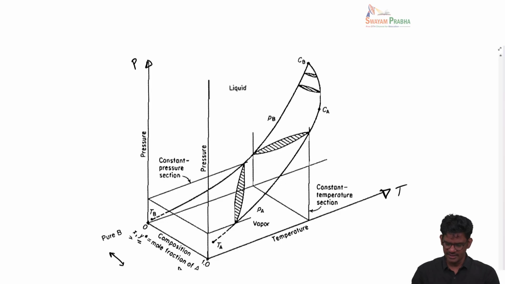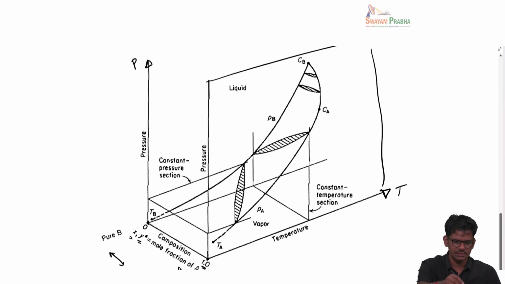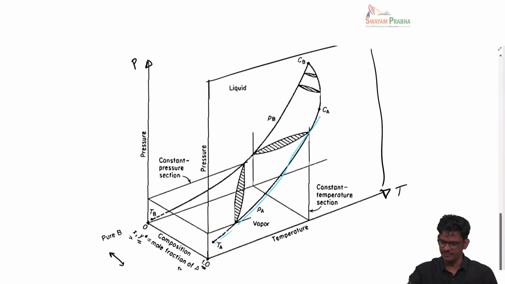If I look at this particular line where X equal to 1 or Y equal to 1, that is basically pure component A. I'm looking at the surface, the wall corresponding to this particular edge, and you see this line that I am highlighting. This is the vapor pressure of A going all the way from the triple point to the critical point. This is the vapor pressure line for pure component A, across phases.